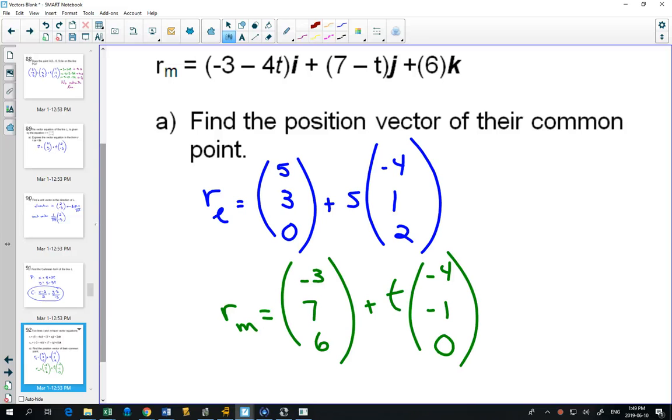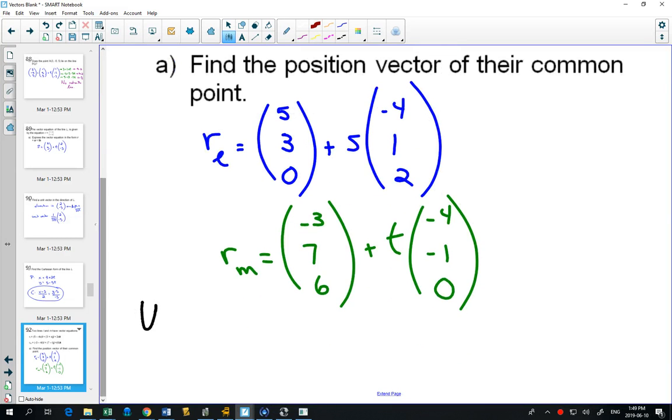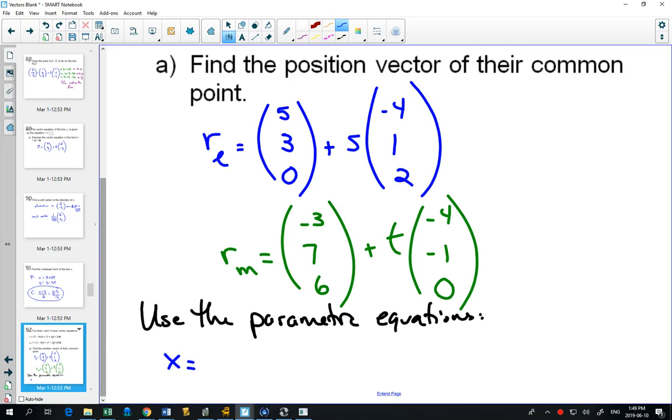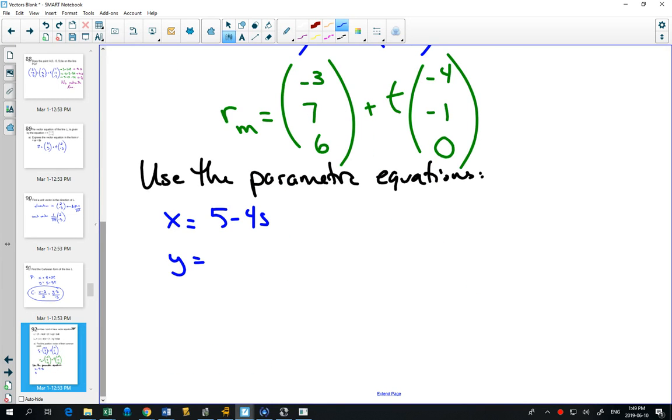Find a position vector of their common point. Okay? Almost all the time we want to solve something, we're going to use the parametric equations. So from my blue equation, I have x is equal to 5 minus 4s. y is equal to 3 plus s.